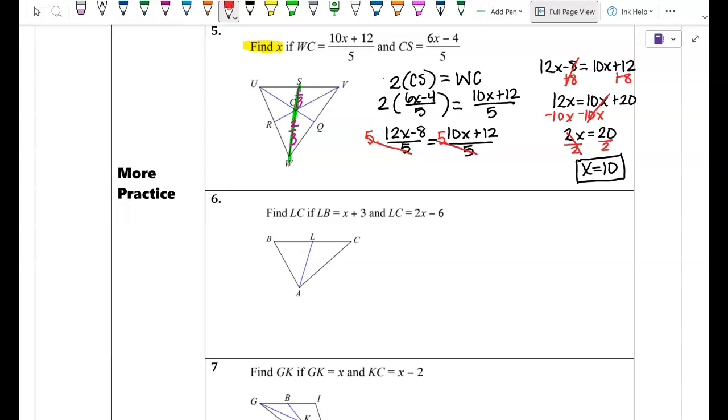So even though they didn't put the markings, if AL is a median, that means that side has to go to a midpoint, which means that LB and LC have to have the same measure. So in this case, LC is equal to LB because of that median, which means that 2x minus 6 is equal to x plus 3.